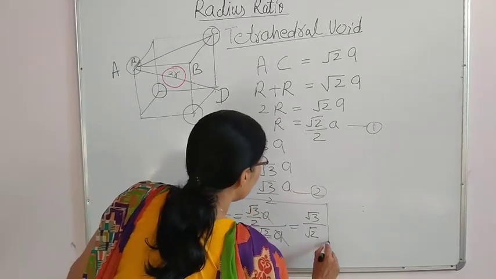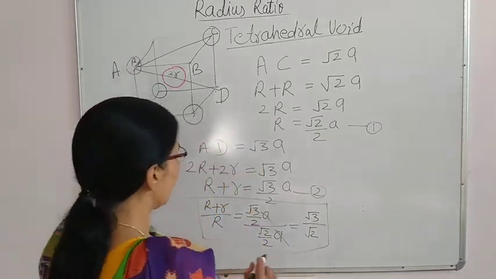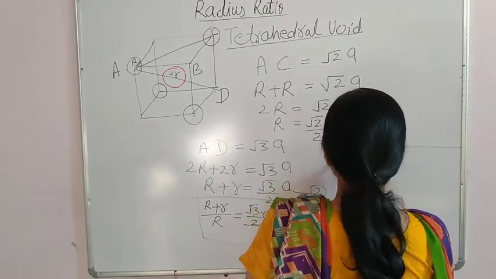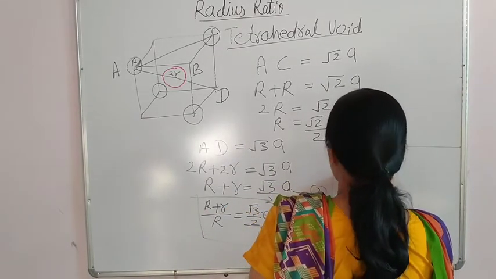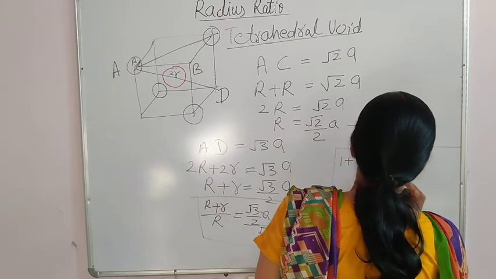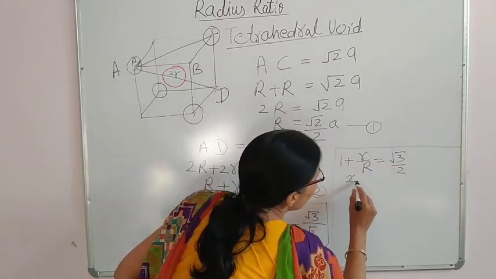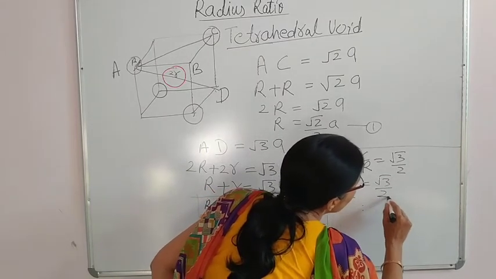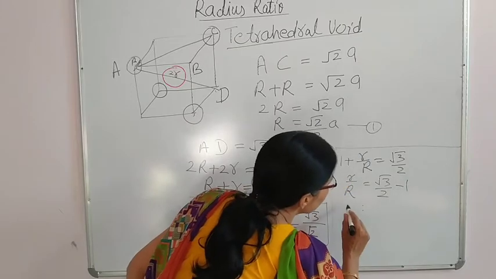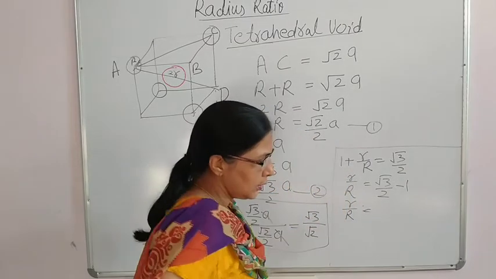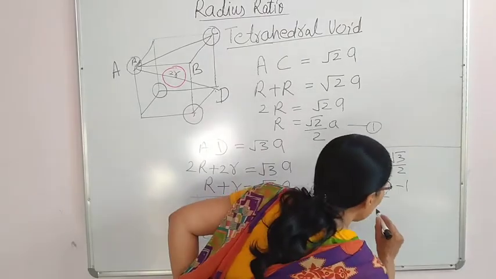Now we will go further. 1 plus r upon R is equal to root 3 by root 2, and r upon R is equal to root 3 upon root 2 minus 1.